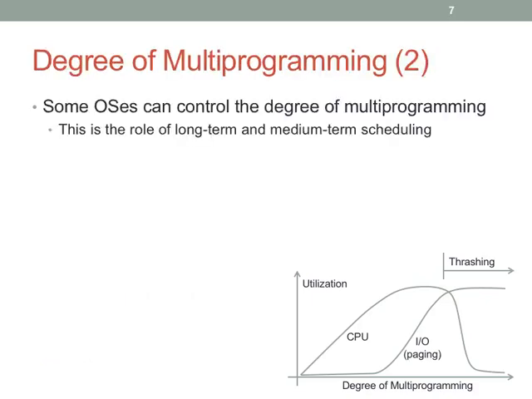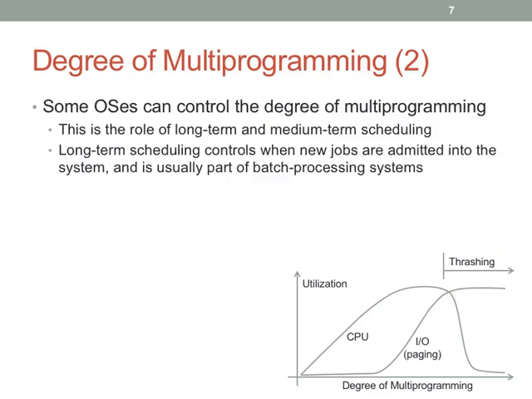Okay. Now, if you can control the degree of multiprogramming, then you could start saying, well, you know what? I've overcommitted physical memory to the point that I can't satisfy all the processes without the I/O system being completely saturated. And so this is where a medium-term scheduler would be able to suspend processes. Okay, so this is the idea.